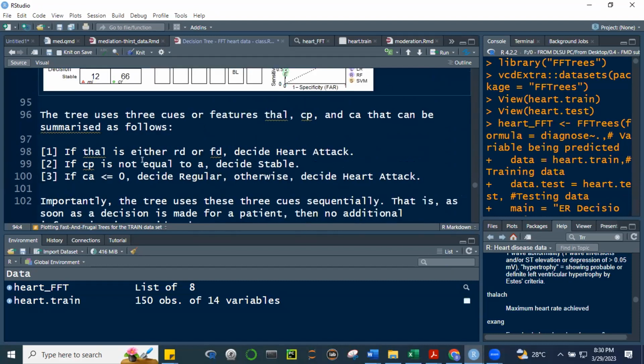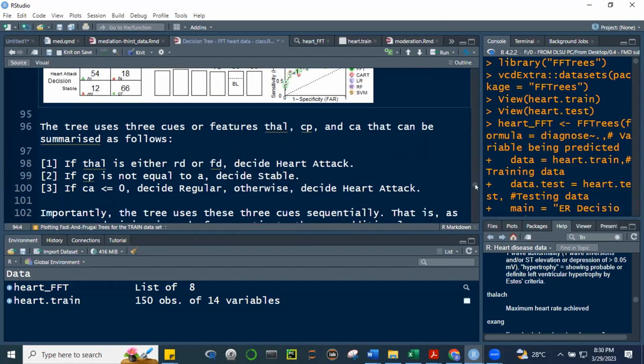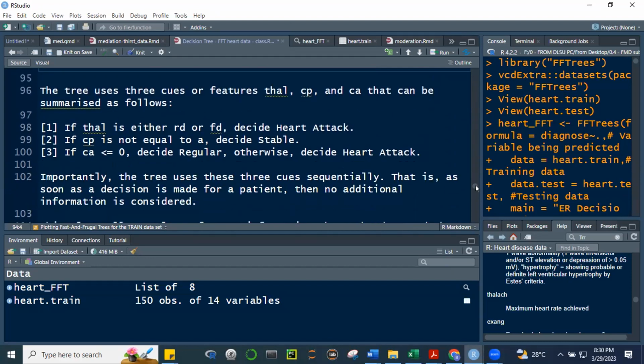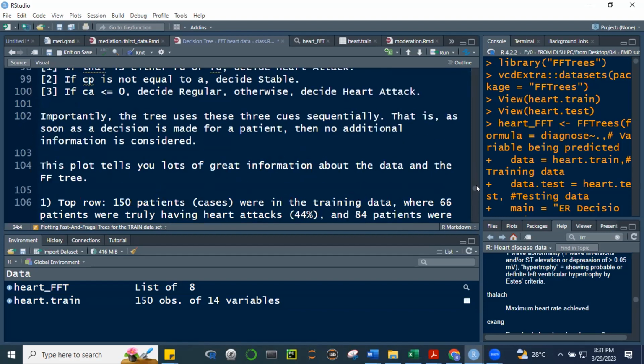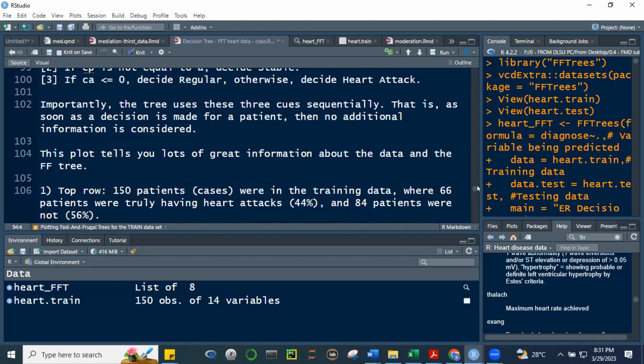Yung TAL, yung CP at saka yung CA. Others call it variables. 3 lang yung variables ang tinitingnan natin. As soon as a decision is made for a patient, then no additional information is considered. Kung nakapag-decide na about the status of a patient, hindi na kailangan ng additional information about that. Kumbaga, parang final na yun.